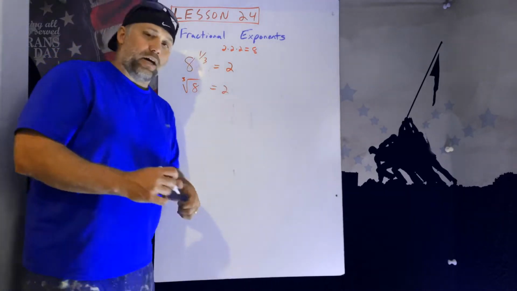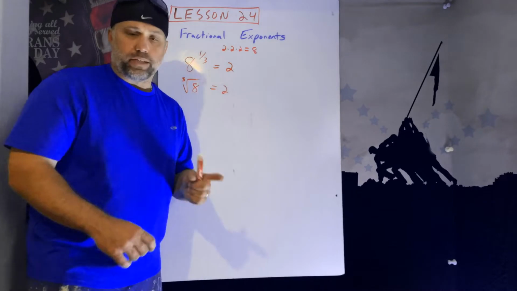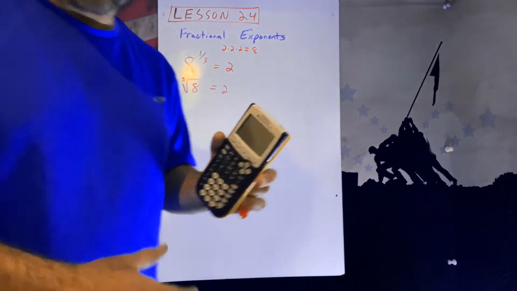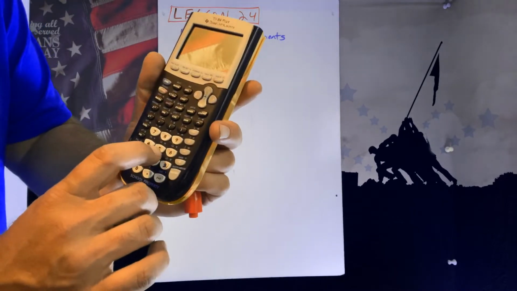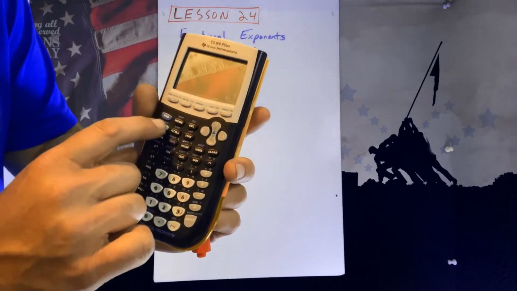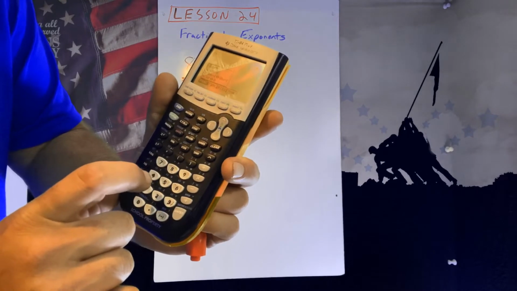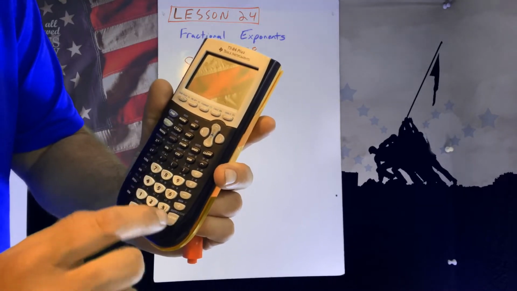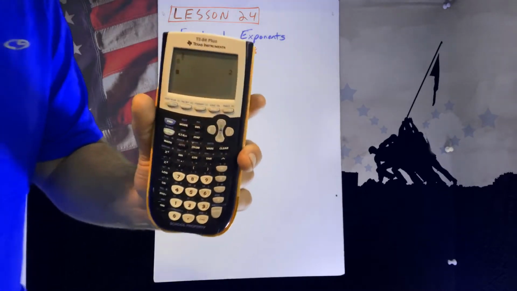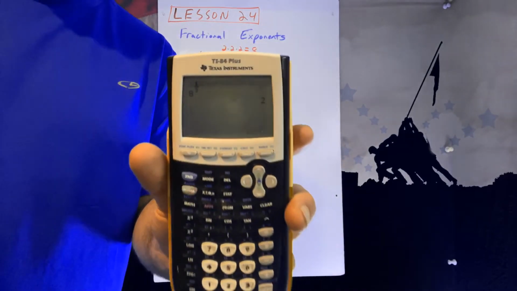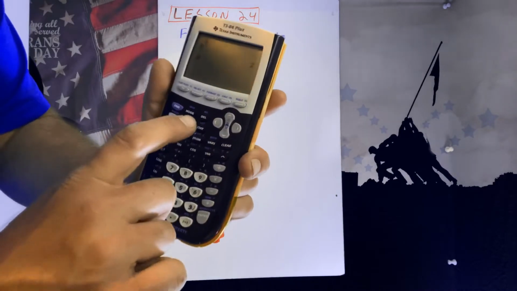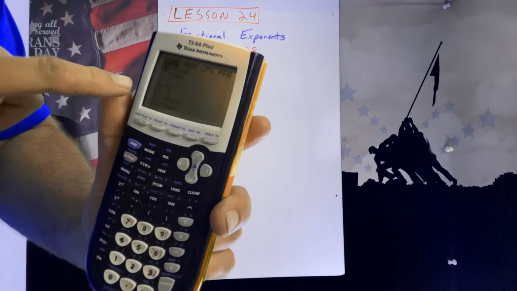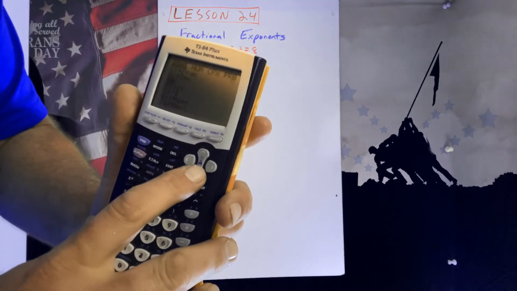So how do you do a cube root on your calculator? Just in case you were wondering, obviously we could take 8 and raise it to the 1/3 power and get 2. But how do you type in the cube root of 8? You can do that by going to the math menu, hit math, and if you go down to number 4 right there, that is your cube root button.